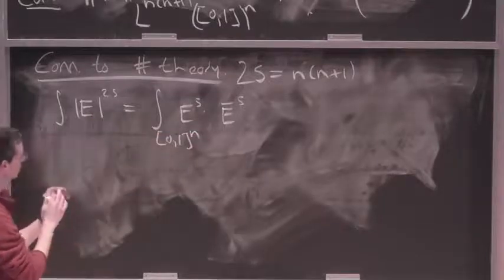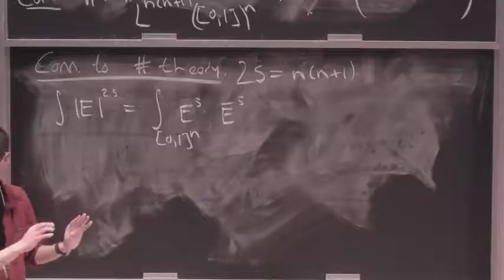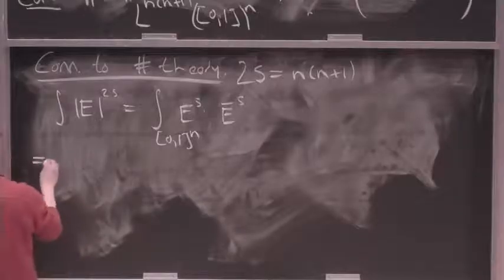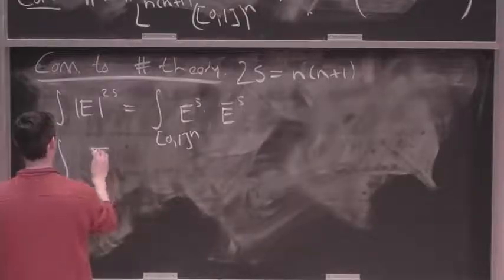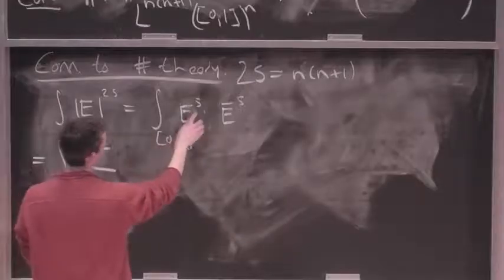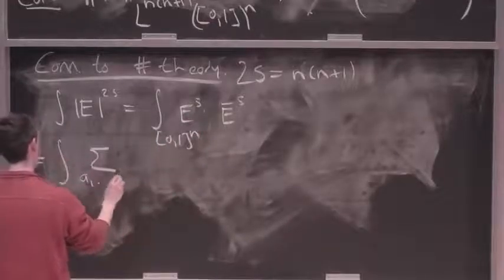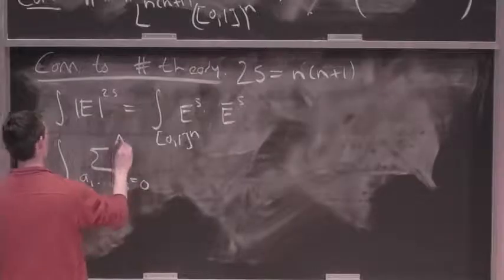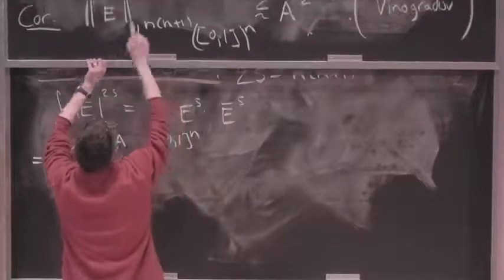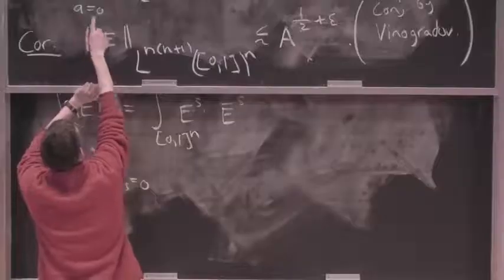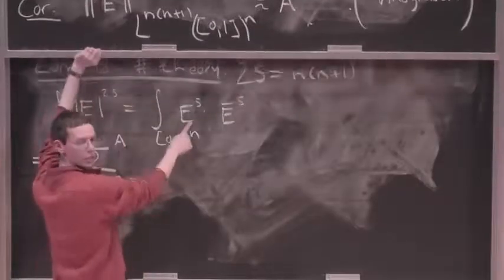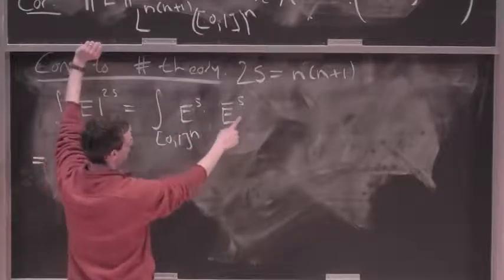OK, so I'm going to do it with a bit of chalk. So this is the integral of the sum. I'll have s terms from expanding out this e. I'll call those a1 up to as. It's from plugging a different name for this variable a in each of these factors. And then I'll have some from the bars.